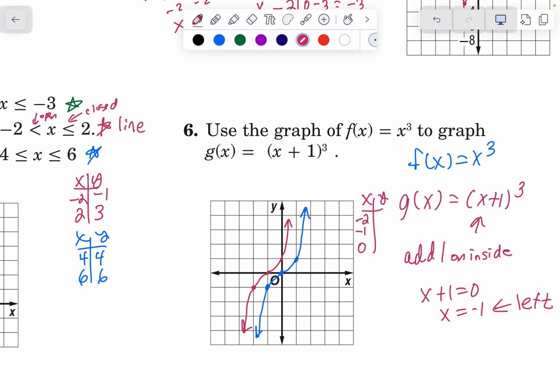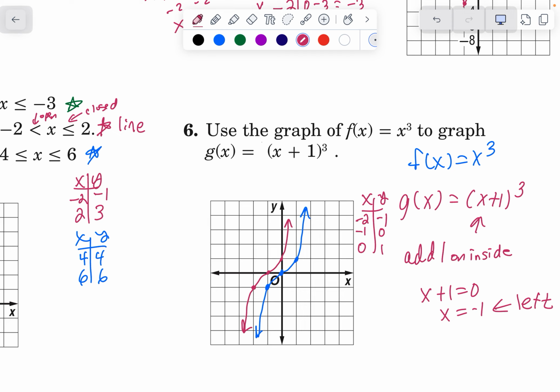If you plug in -2, you get -1 cubed, which is -1. If you plug in -1, you get 0 cubed, which is 0. If you plug in 0, you get 1 cubed, which is 1, which is exactly what our picture in that pink color did. It moved every point, jumped 1 unit to the left.